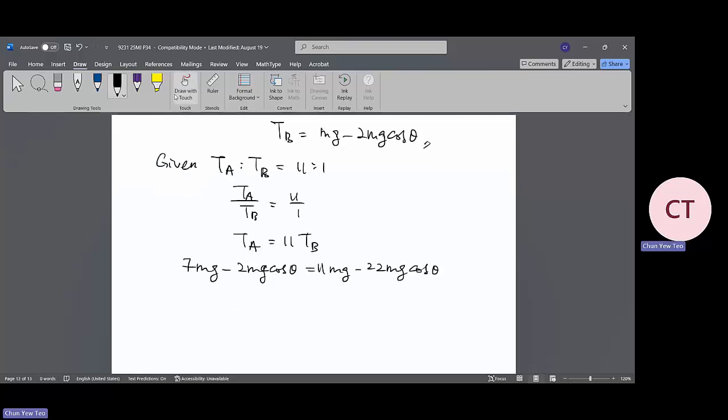All the mg can be cancelled. So you get 20 cos theta equals 4. So your cos theta is equal to 4 over 20, which is 1 over 5. Done.